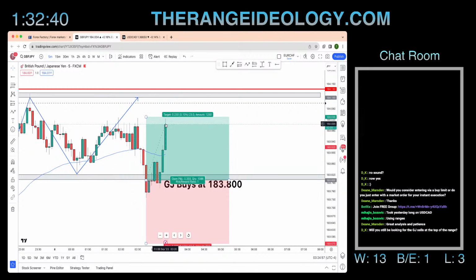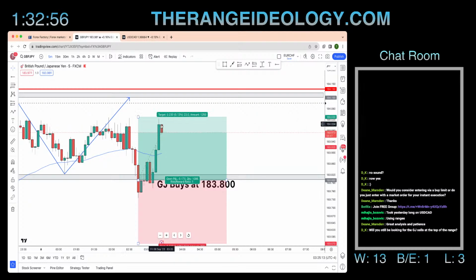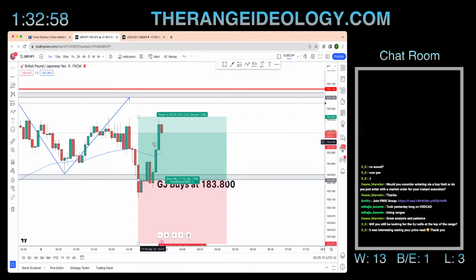But price is playing games right here, because we're nearly at TP. What, 20 pips? It was nearly half a pip away from our TP. But that's why you've got to have the finger on the trigger, right? Sometimes it may just be a pip or 2 pips shy, but you can close out.